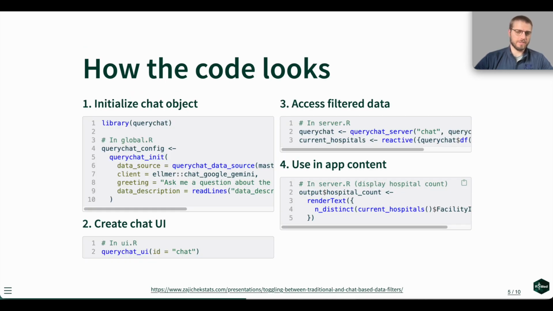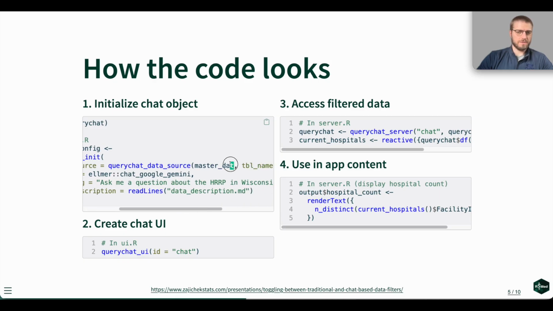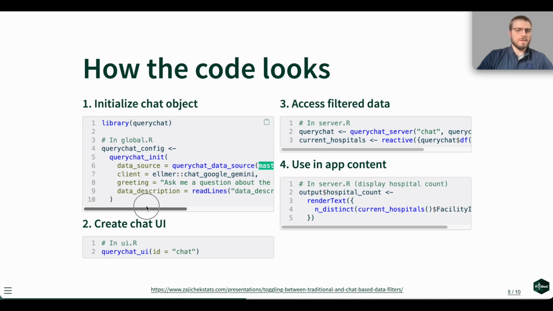So how does this actually look in the code? The basic idea is in a global.R file, or at the top of your app.R script, you would initialize a querychat object specifying your data source. In this case, I have a curated master data set that contains all the data that powers the app.